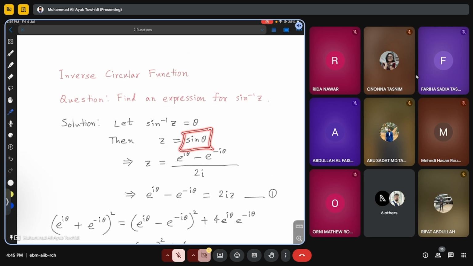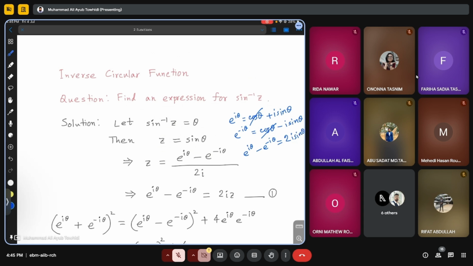And the definition of sine theta from Euler formula, you remember that? e to the power i theta was cos theta plus i sine theta. e to the power minus i theta equal to cos theta minus i sine theta. So e to the power i theta minus e to the power minus i theta, cos theta cancelled, we get 2i sine theta.